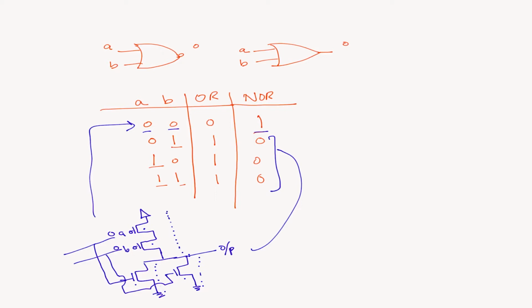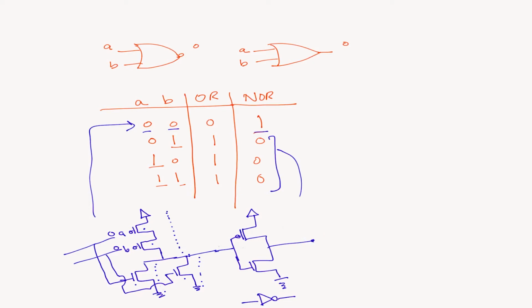And OR is the inverted form of NOR. For example, if I put an inverter at the output, as a reminder, the symbol for an inverter is this.